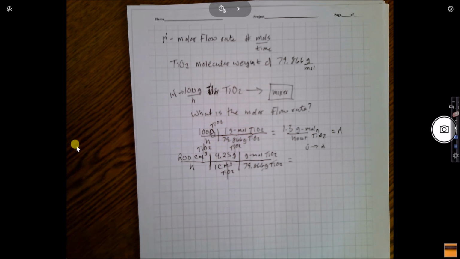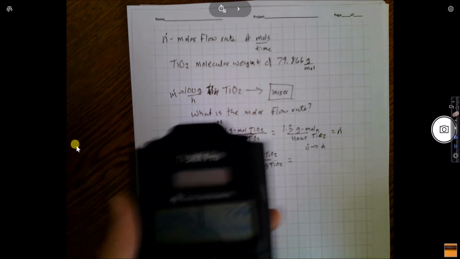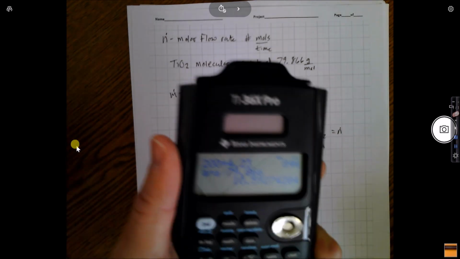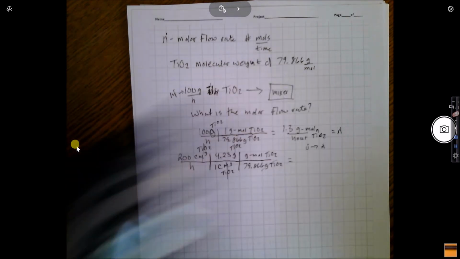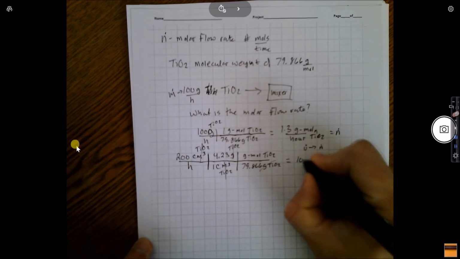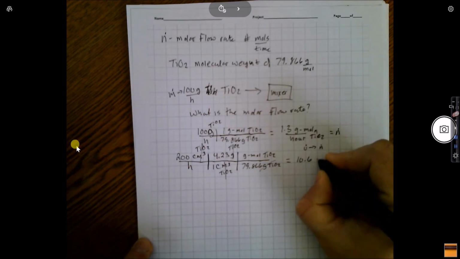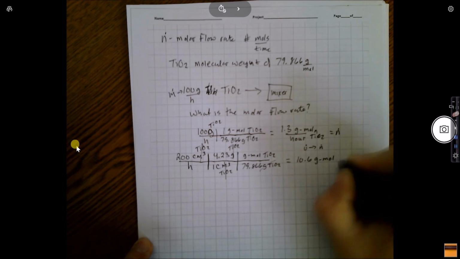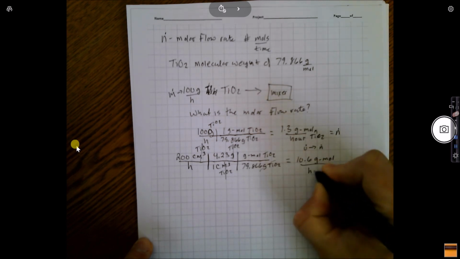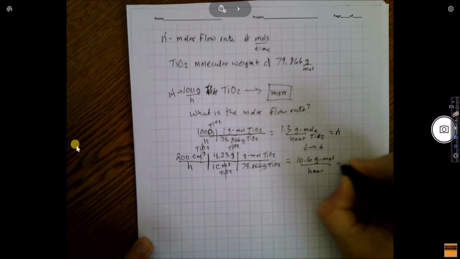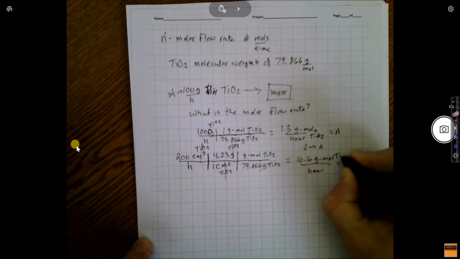And I get 10.59, so we can round it up to 10.6 gram moles per hour of TiO2, and that's the molar flow rate.